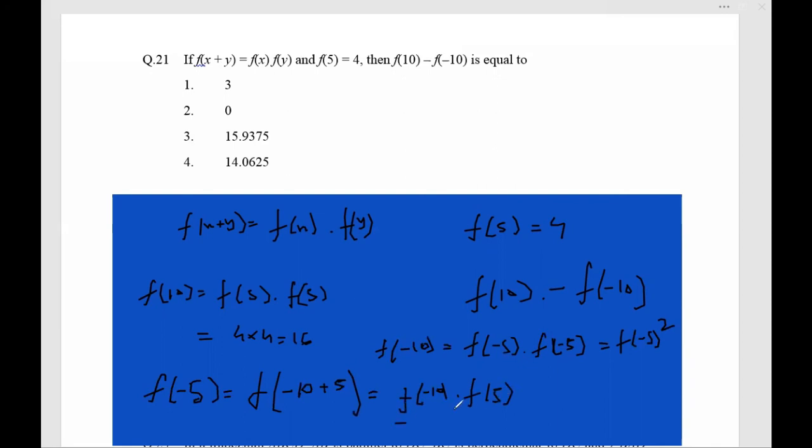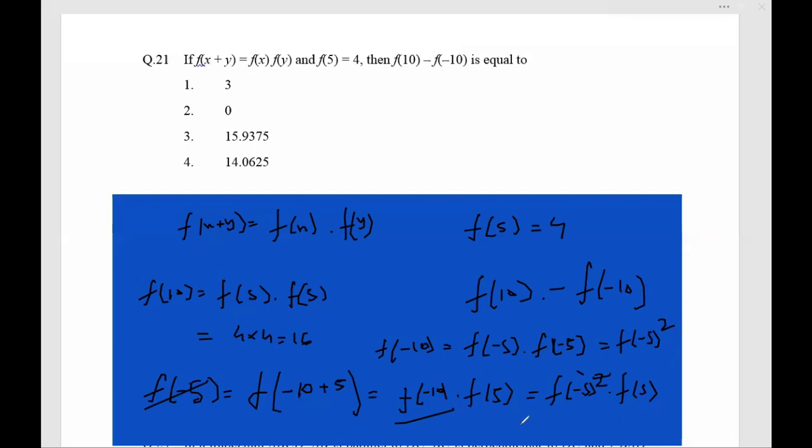So basically, if I replace f(minus 10) with f(minus 5) whole square, into f(5). Now from both sides, one f(5) you can cancel.